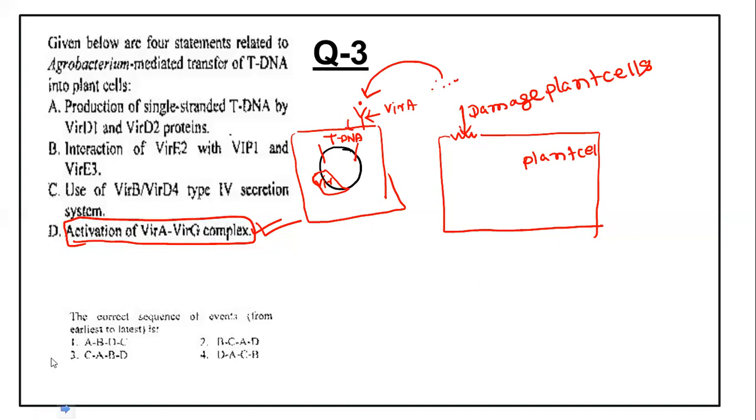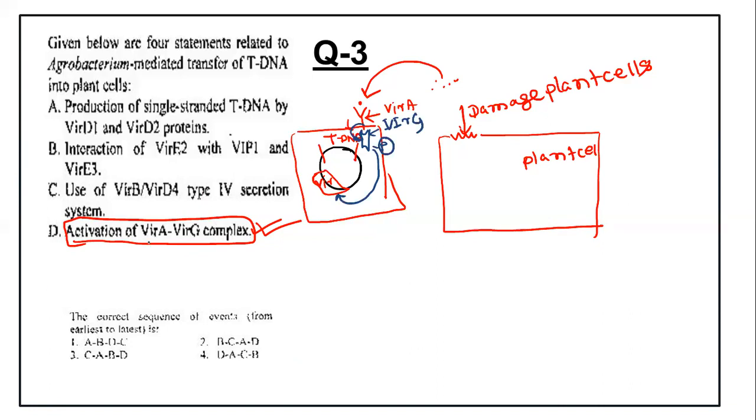VirG becomes autophosphorylated, and this creates a phosphorylation, and VirG gets activated. After VirG activation, all the Vir genes are activated.